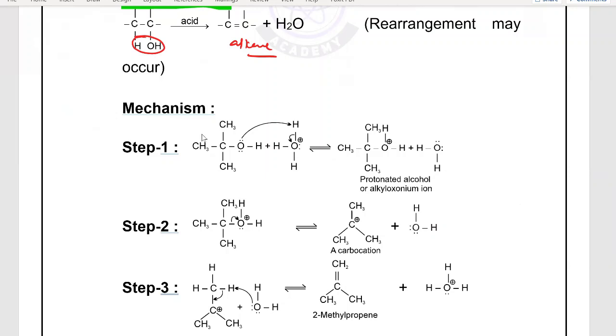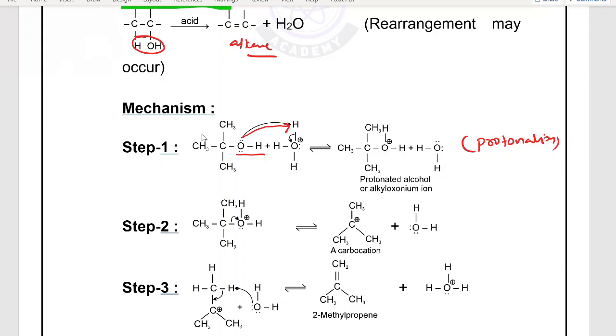OH is not a good leaving group. So to make it a good leaving group, it donates electrons to H plus. So it gets protonated. The step is called protonation, and it is not at all a slow step.